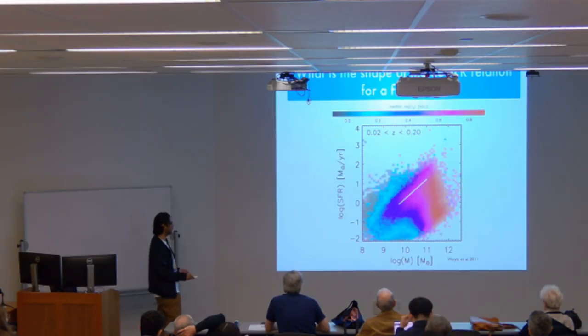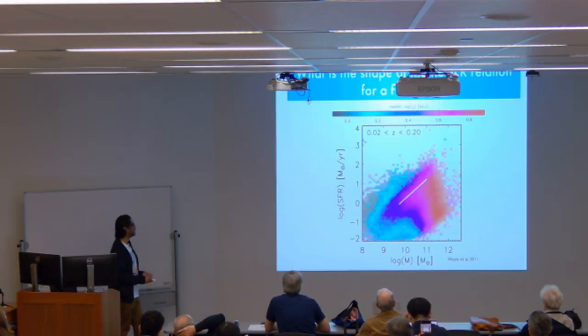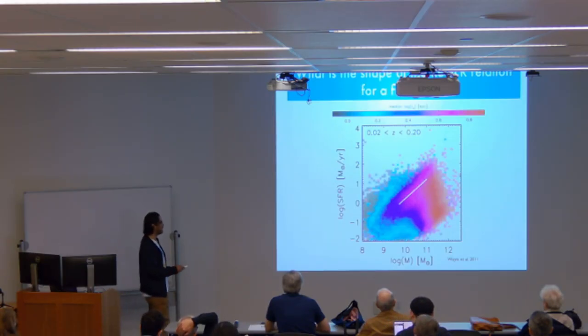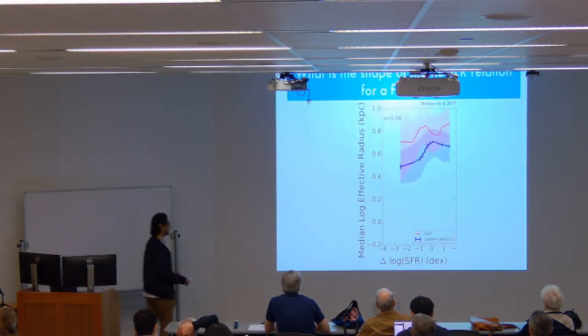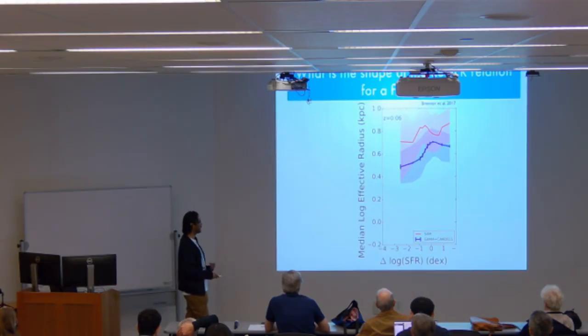We have this paper by Woods, 2011, and he showed that for local galaxies there is a non-monotonic trend between these three quantities. So actually, it's a very complex shape and very hard to describe. Later, Brennan took this problem again and showed that when you plot delta specific star formation rate, the distance to the star-forming main sequence, and on the y-axis you plot the median effective radius, there is a continuous distribution.